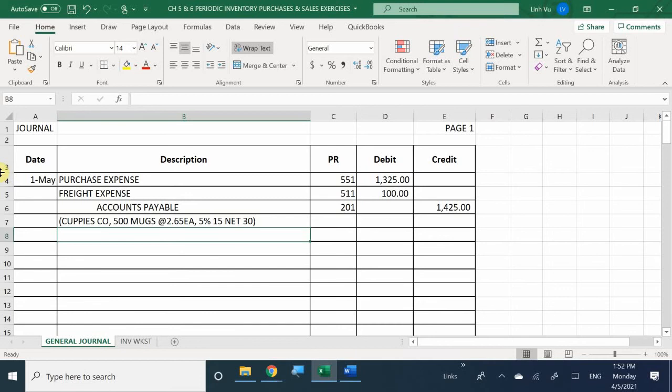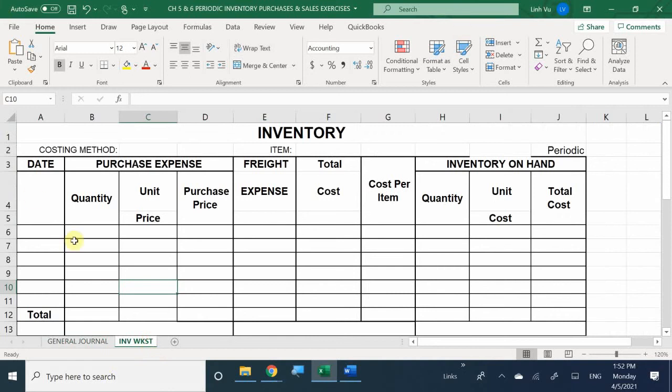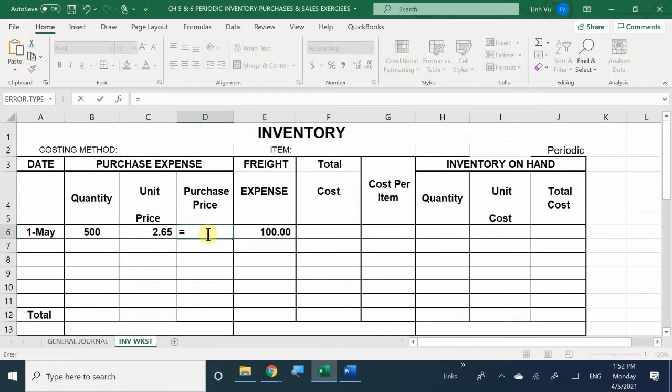I finished my journal. Now, the second thing I've got to do is enter that into my workbook. All right? So I made a purchase on the 1st of May. I bought 500 items at $2.65 with a freight of $100. So therefore, what's my total purchase price here? $1,325.